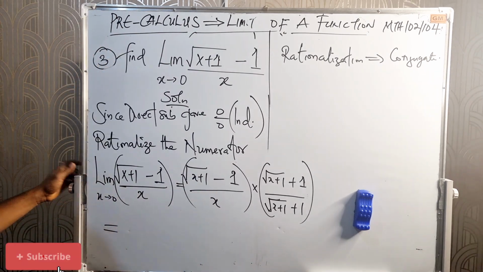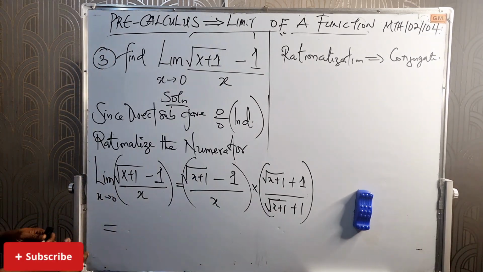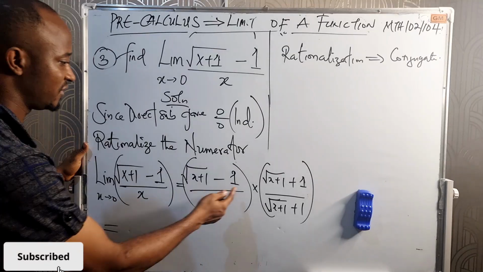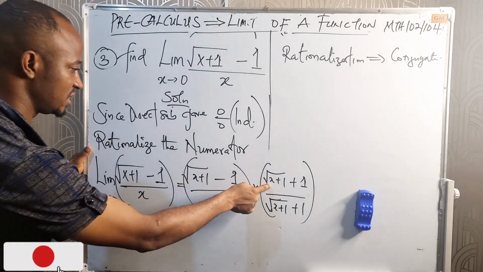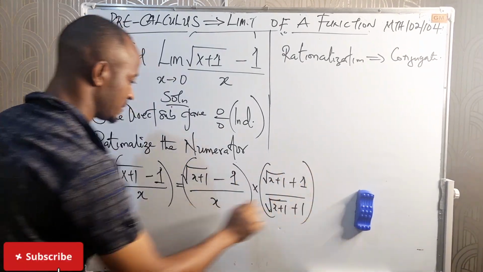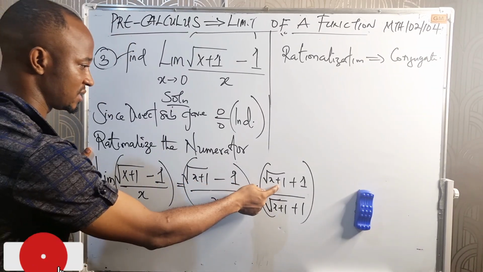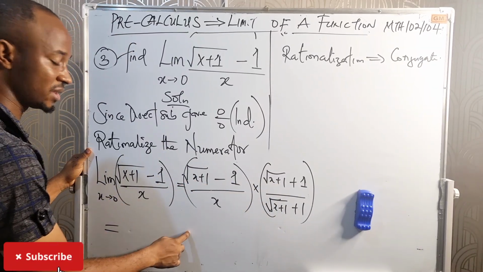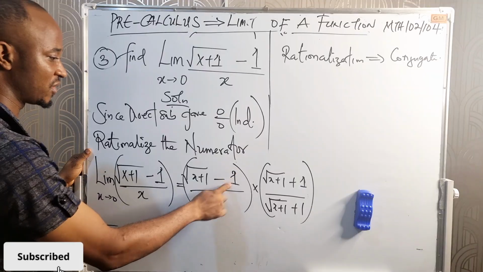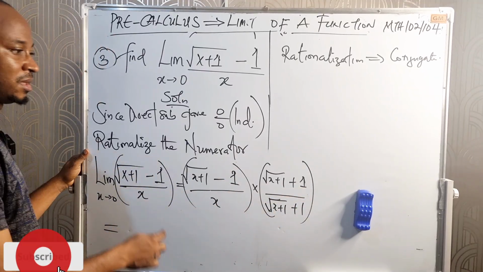This is where the principle comes in. I multiply the whole of this with this, then the whole of this with this. That will give us x plus 1. Multiply minus 1 with this, that will give us minus 1 squared.